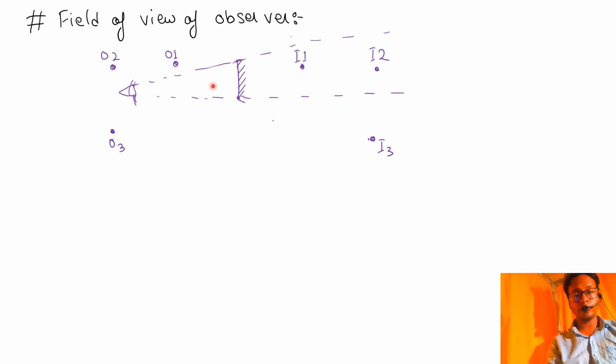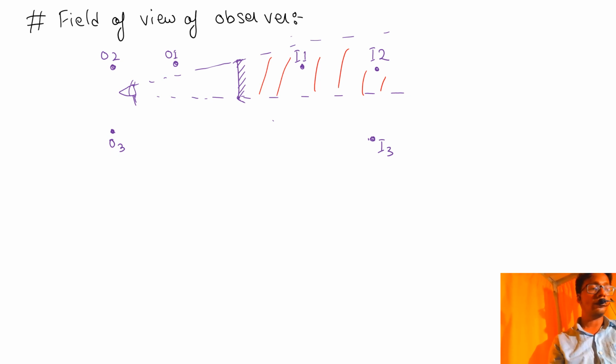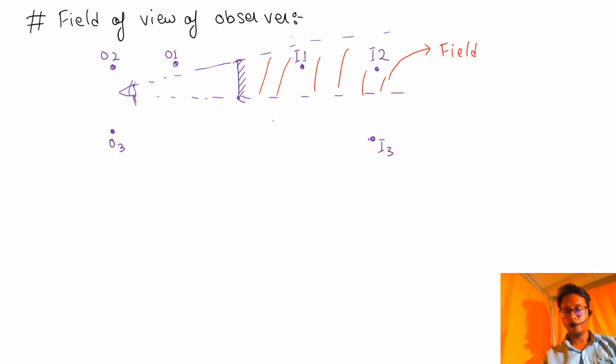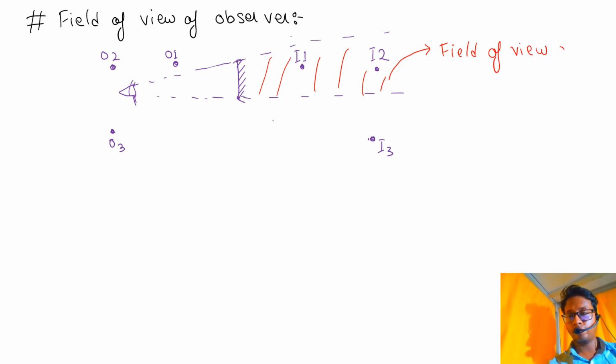If my eyes were near the mirror, I could see all the portions. And this portion is known as the field of view of the observer.